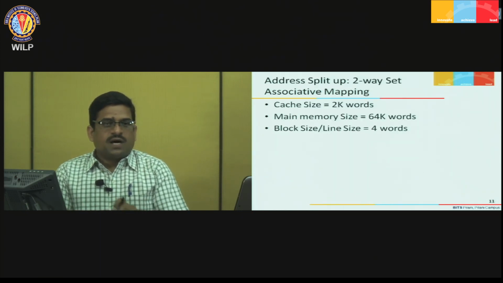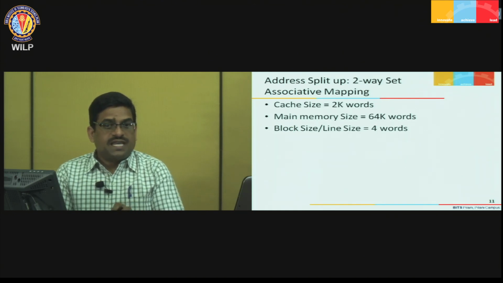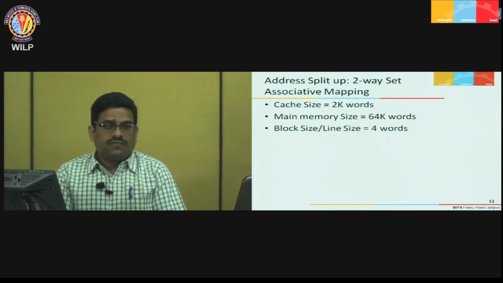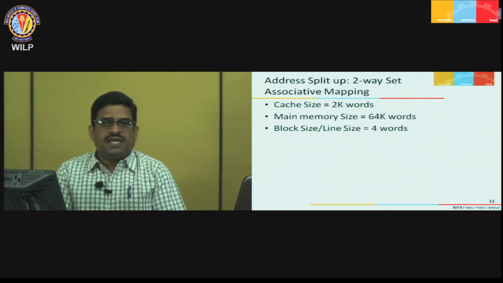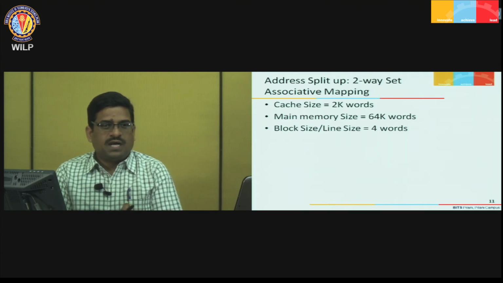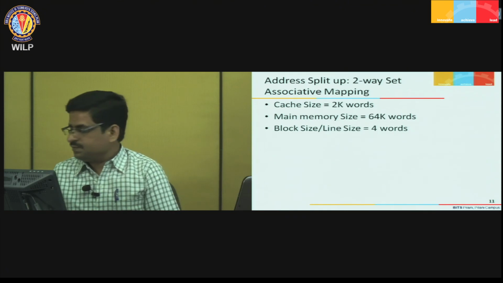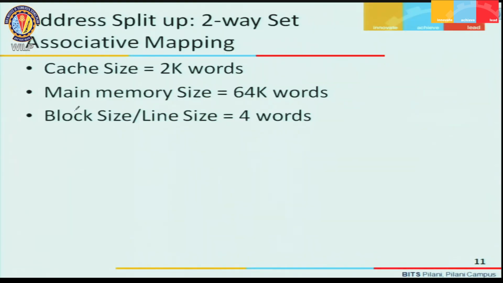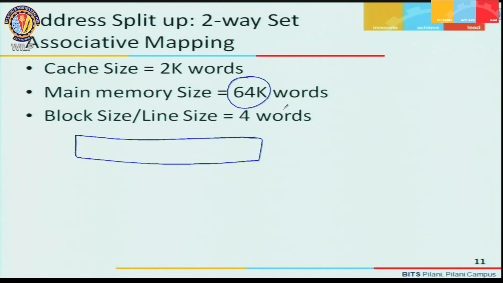So, now let us look at how this address split up will be there with the same example which I took for explaining the fully associative mapping. In case of the two-way set associative mapping, how the mapping function will change and our address split up will change. Memory characteristics or sizes are same, address size will be 16 bits only, because memory is 64K and is word addressable.